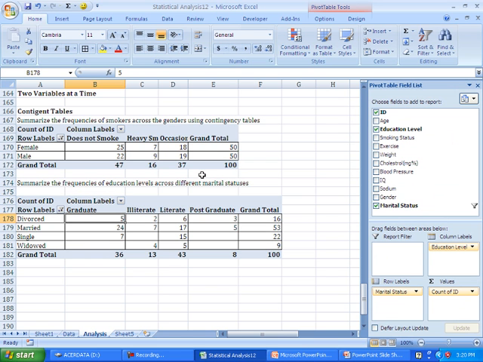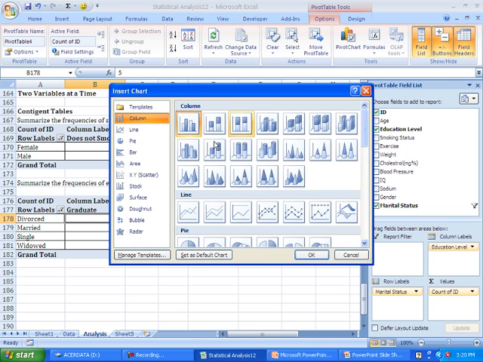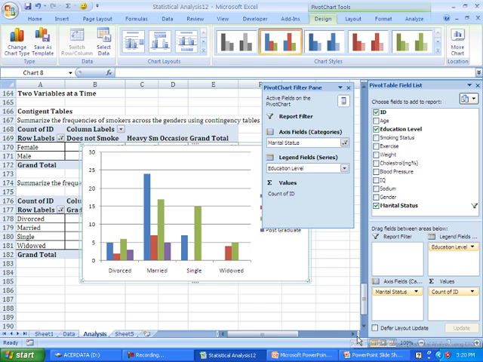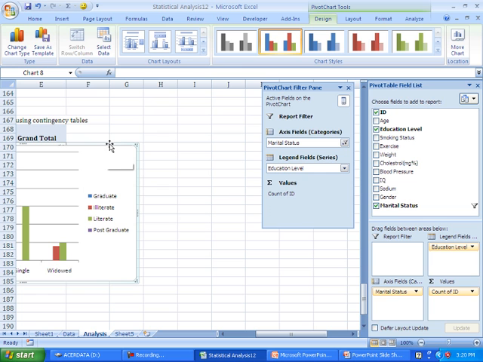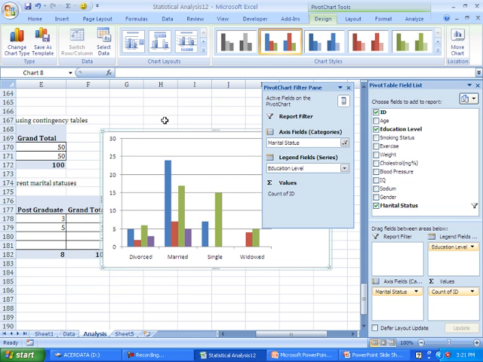All you need to do is click on your pivot table, go to the options and click on the pivot chart, probably a column chart itself. We get a better display of the pivot chart directly. Across the various marital statuses, the plot for the different education levels is displayed by the system.